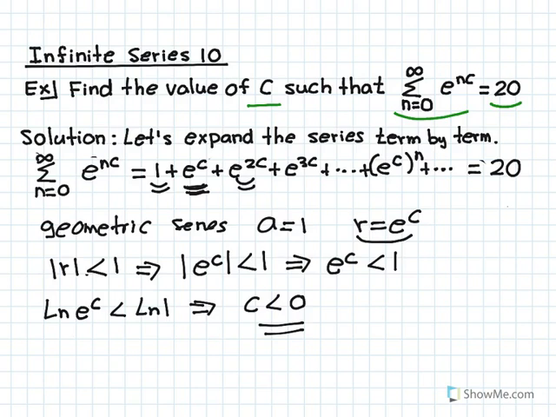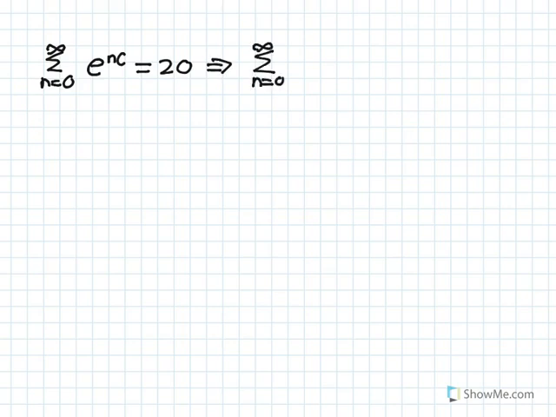But we need to find the exact value of c. So what we have is the summation n goes from 0 to infinity of e to the nc is equal to 20. Let's rewrite this geometric series as the summation n equals 0 to infinity of e to the c to the power of n, equal to 20.